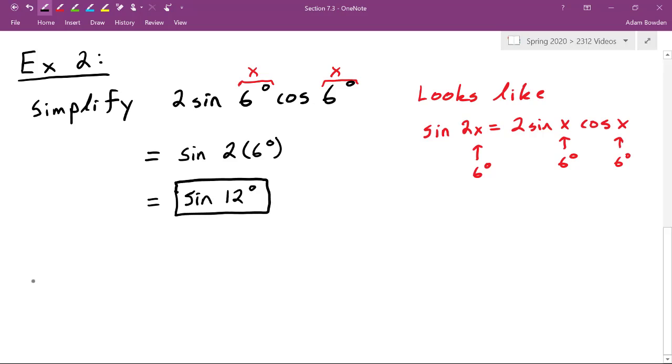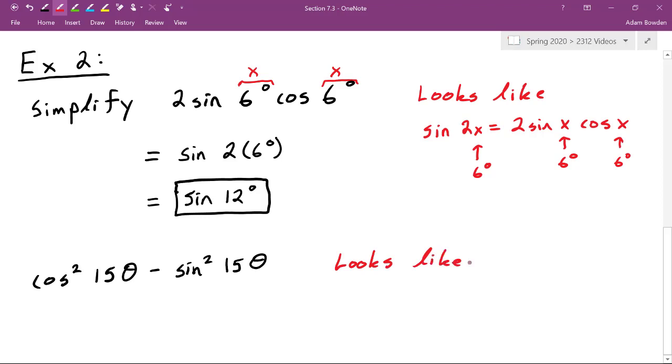Here's another example. Cosine squared of 15 theta minus sine squared of 15 theta. If we check our double angle formulas, this one looks like one of the double angle formulas for cosine. Cosine 2x, we had cosine squared x minus sine squared x.